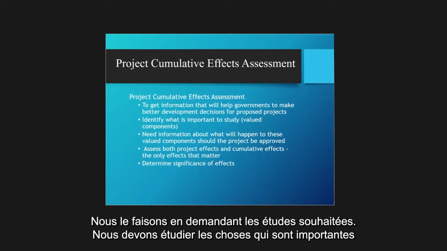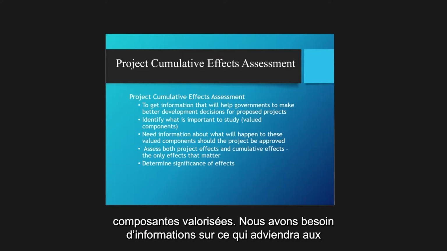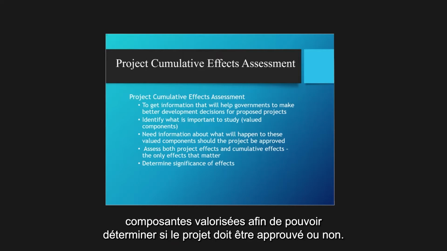And so we do that by saying, now, what do we want to study? You need to study things that are important to the communities and that will be affected by the project. And we call them valued components. We need information about what will happen to these valued components so that we can determine whether the project should be approved or not.